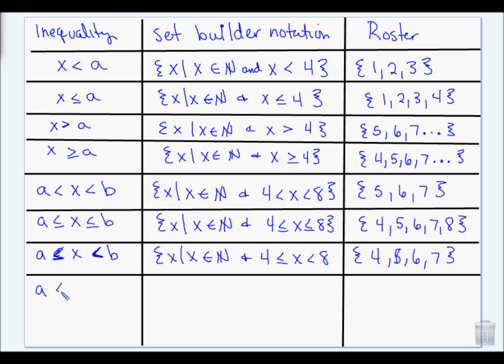Or it can go the other way. And in that case, it would not include the 4, but it would include the 8.